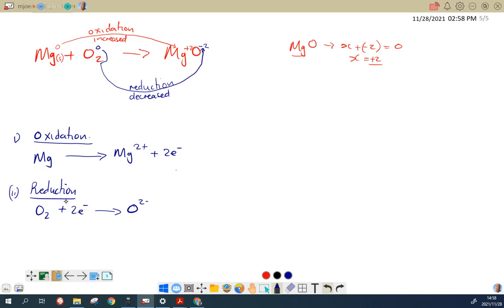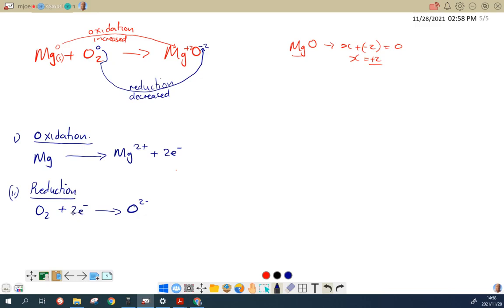Take note, there are 2 oxygen atoms that form the molecule of oxygen, and I'm saying each oxygen atom requires 2 electrons to become the oxide. So that means we are still short of 2 electrons.